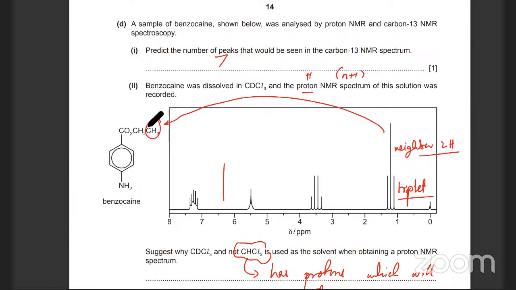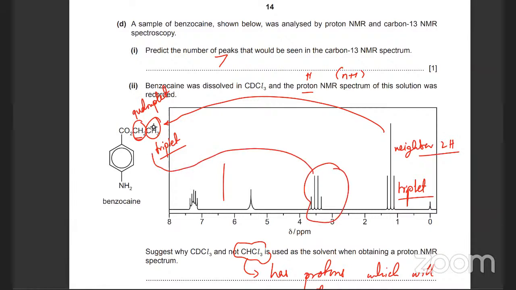So what about the next one? This CH2 over here, its neighbor has 3 hydrogens. So this one over here is going to be a quadruplet because the neighbor has 3 hydrogens. So this is that one.